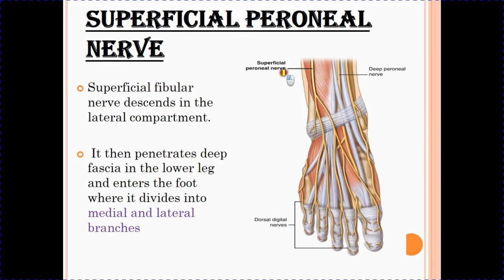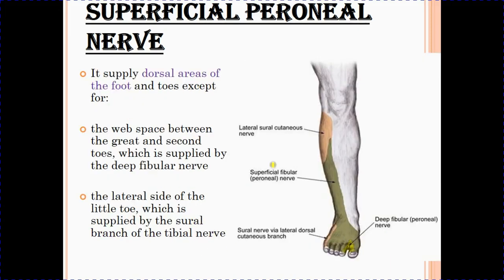See over here, this is the superficial peroneal nerve. It pierces the deep fascia and enters the foot, and here it divides into a medial and a lateral branch which supply the dorsum of the foot.